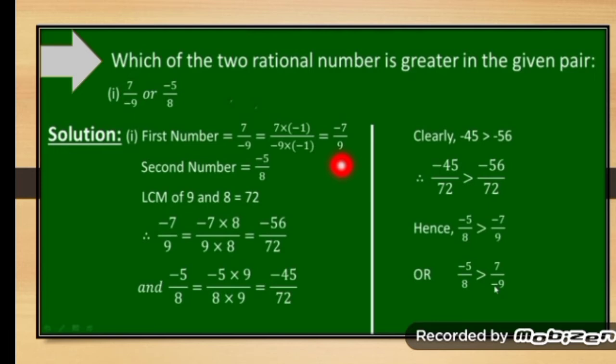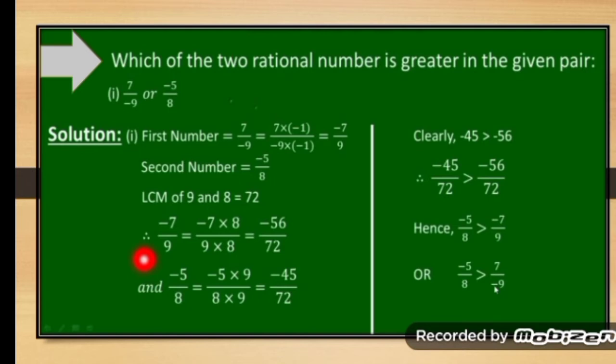Now, in the second step, we will take the LCM of positive denominators. Here the denominator is 9 and the denominator of second rational number is 8. The LCM of 9 and 8 will be 72. So we will make the denominators equal to their LCM 72.